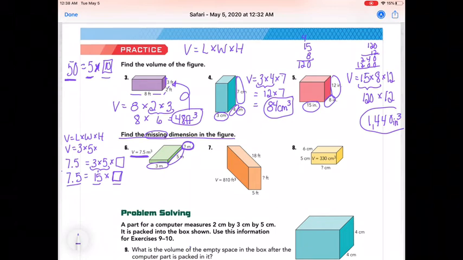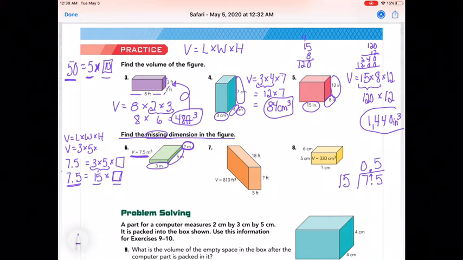So let's go back down to this problem. 7.5 divided by 15 equals something. Well, it's a good thing we know our decimals. Let's go all the way over to here. 7.5 divided by 15. 15 does not go into 7. We had to move our decimal place up. Does 15 go into 75?